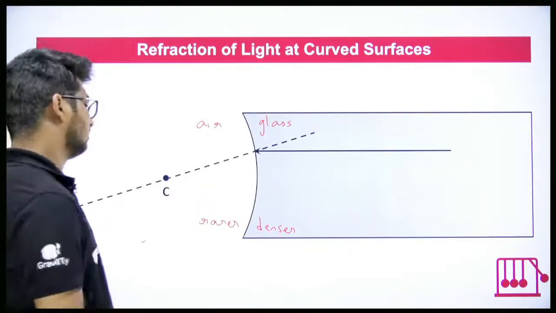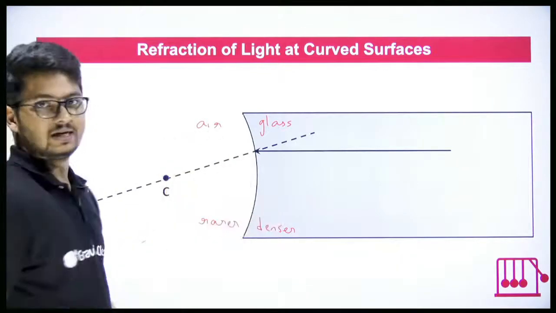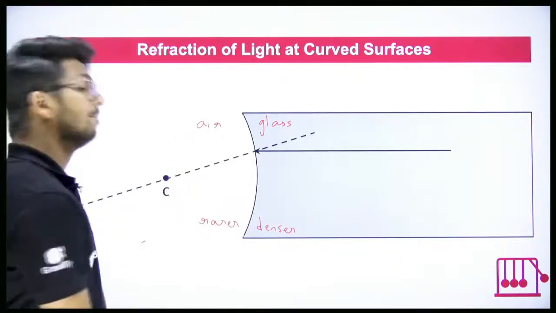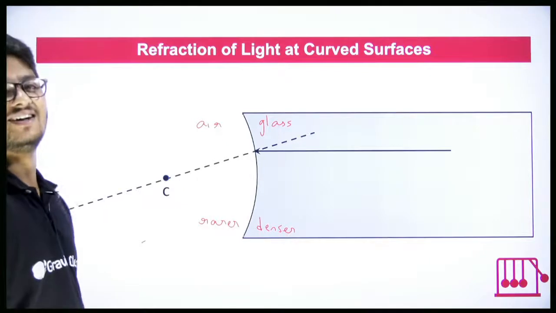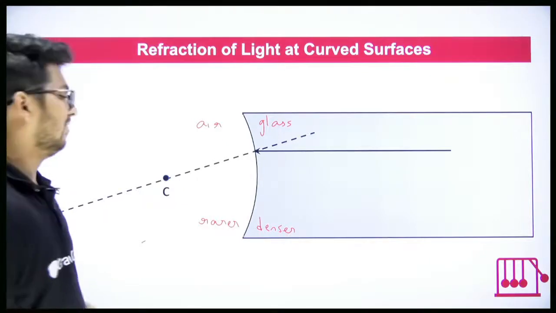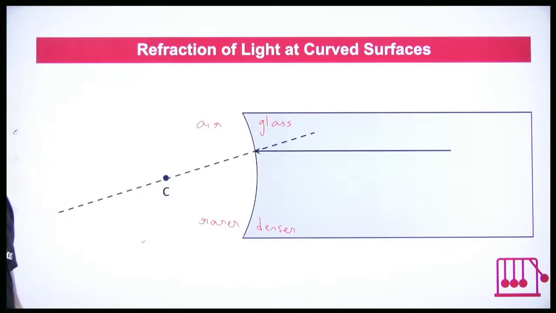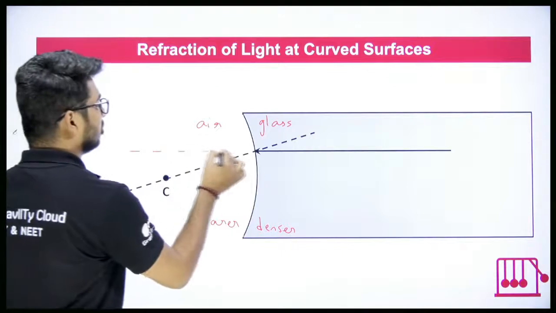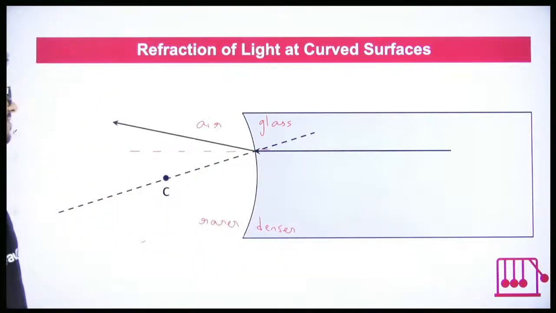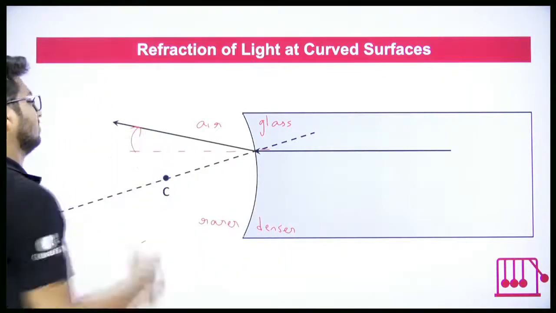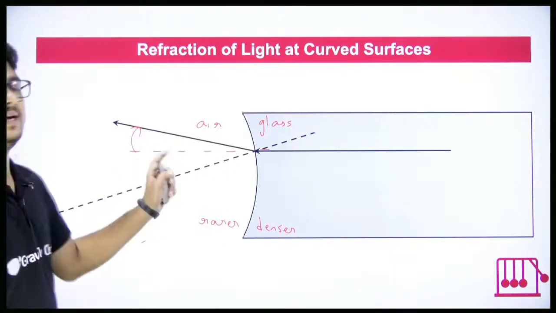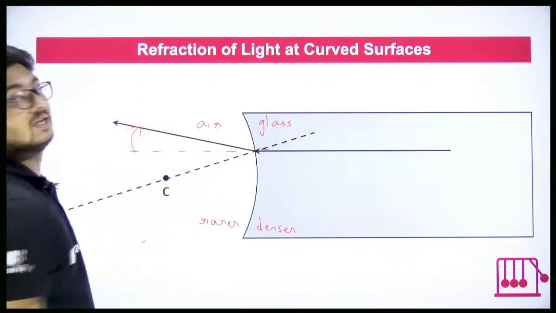The question is, it is going from denser to rarer, so how does it bend? Towards or away? It will bend away from the normal. This is the direction of the incident ray. If it bends away from the normal, it will be something like this. This is the normal. It is bending away from the normal.